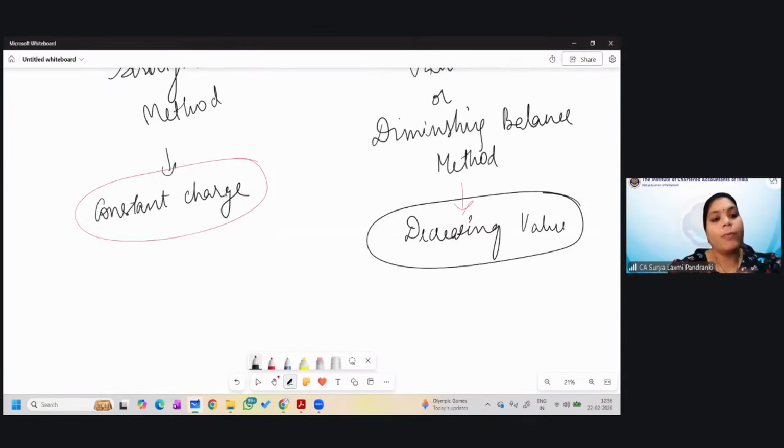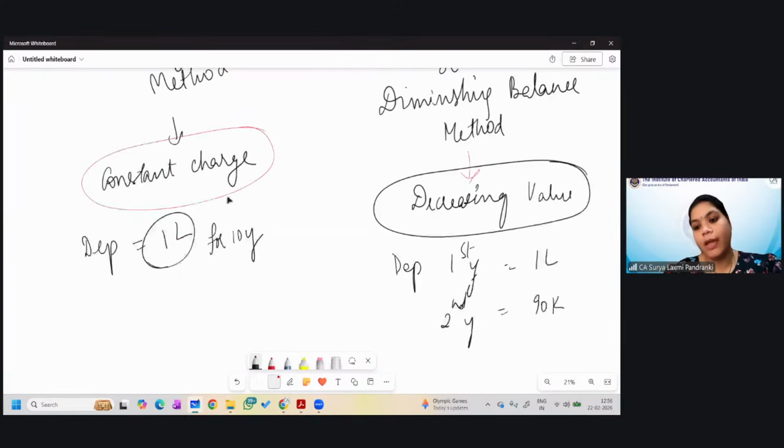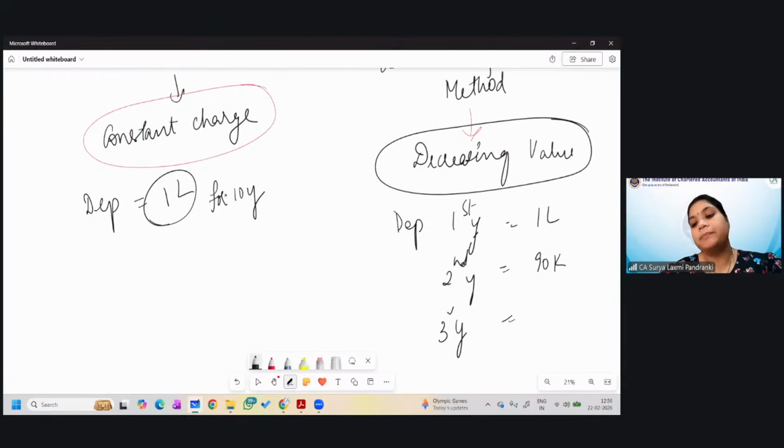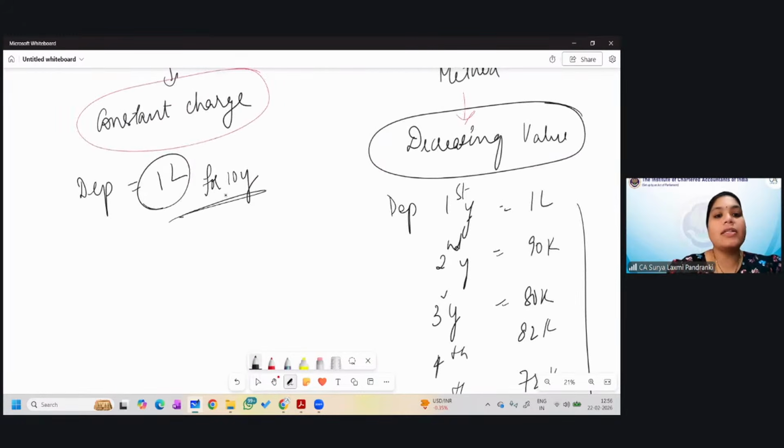If depreciation is 1 lakh under straight line, this 1 lakh will be for all the 10 years. But here, if the depreciation for the first year is 1 lakh, the second year might be 90,000, the third year 80,000 or 72,000 or 60,000. It will go on, fourth year, fifth year, sixth year. This is why it is called a decreasing charge, and this is a constant charge.